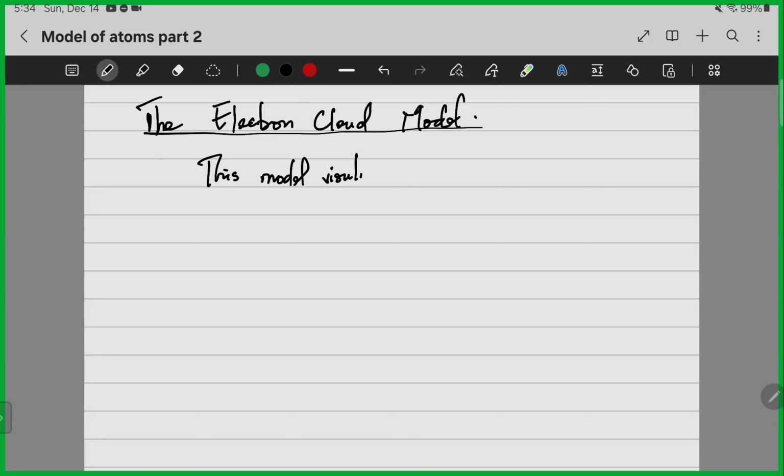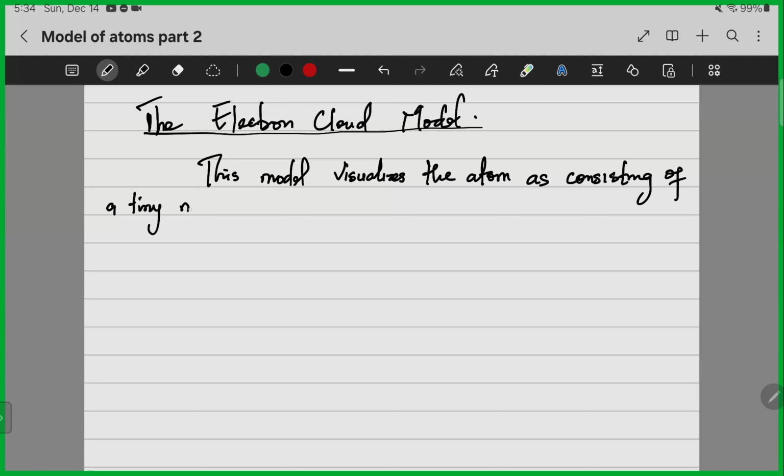This model visualizes the atom as consisting of a tiny nucleus of radius of the order of 10 to the minus 10 to 10 to the minus 15 meter.